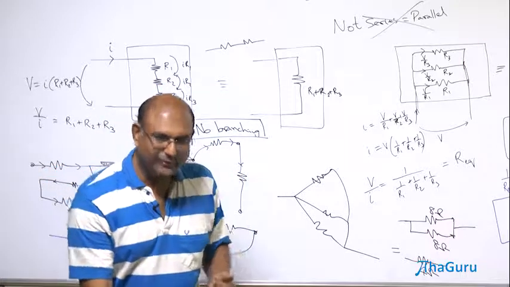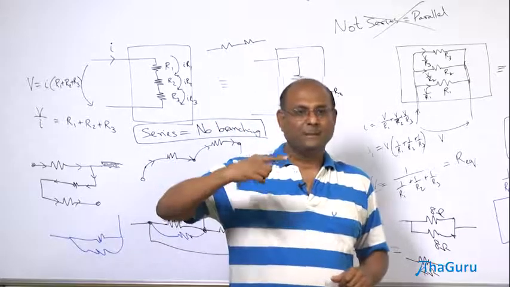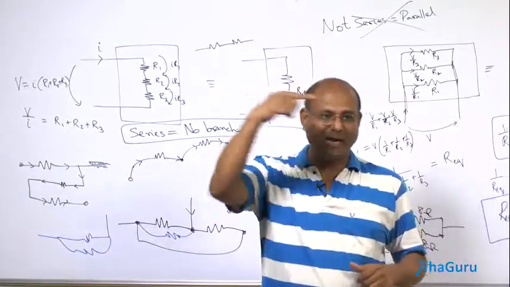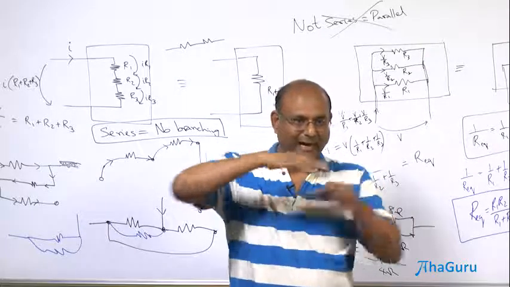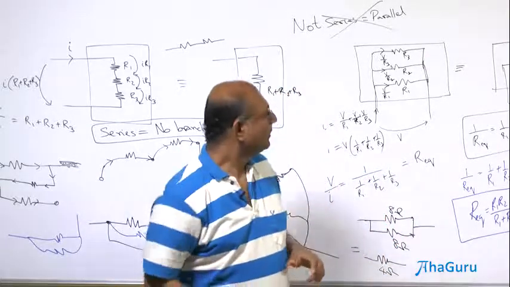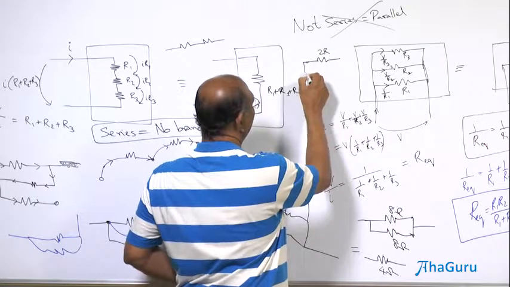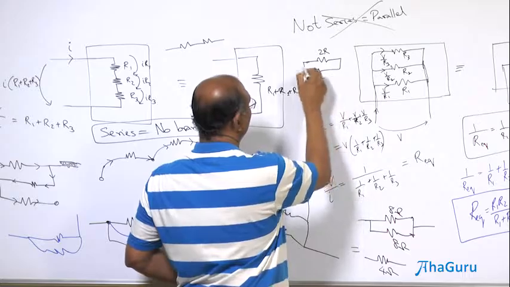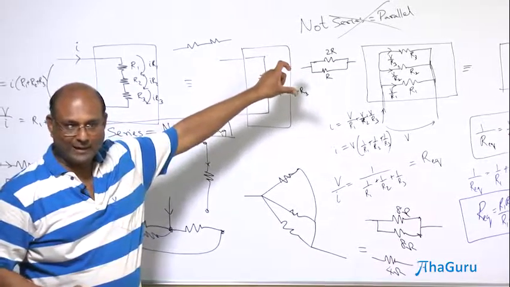So let us quickly calculate a couple of things, just mentally, so you can get an idea. Suppose I had 2R in parallel with R. 2R and R in parallel. So what am I saying? I am saying R, 2R and R. What will it be? 2R square by 3R.